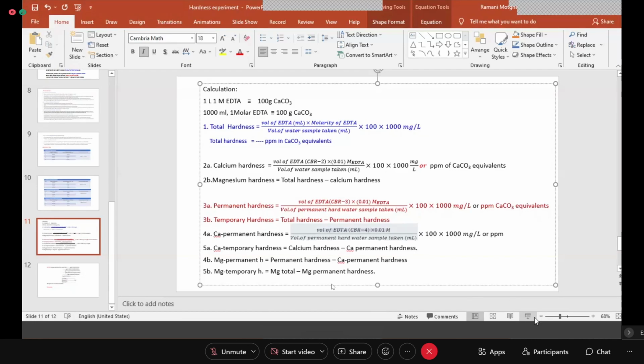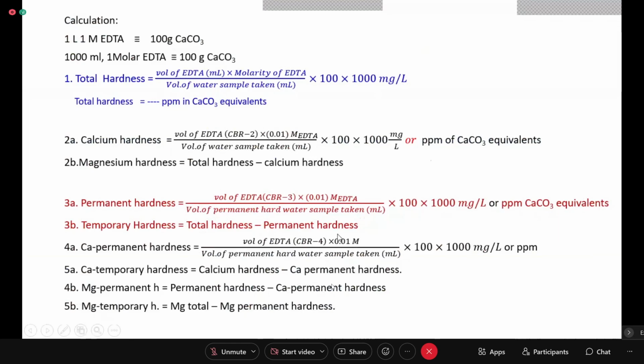Okay, so this CBR4 into the molarity of EDTA upon the volume of hard water taken, this is permanent hard water taken, will give you calcium permanent hardness.